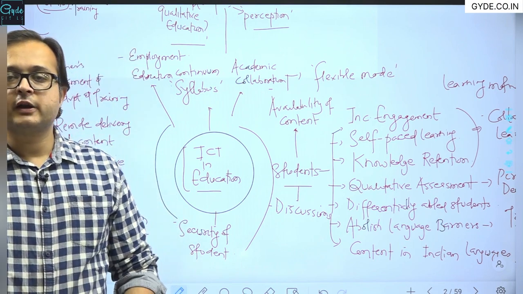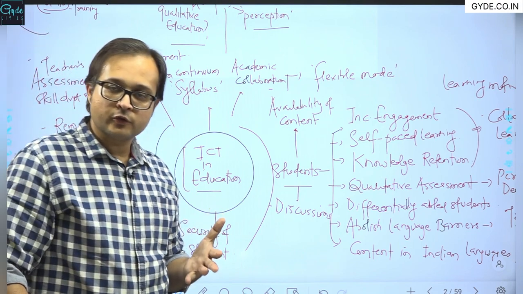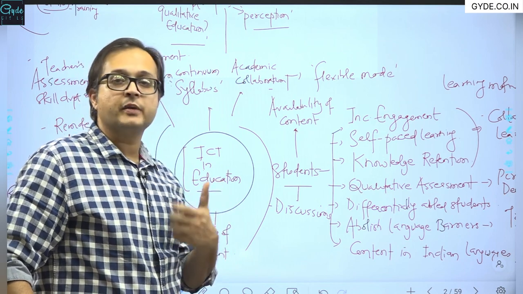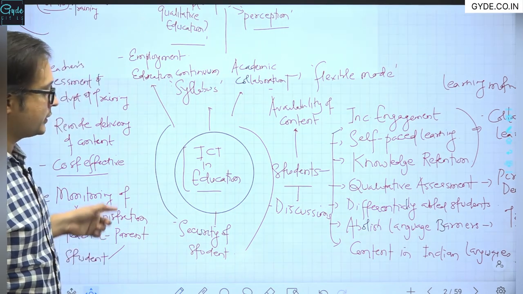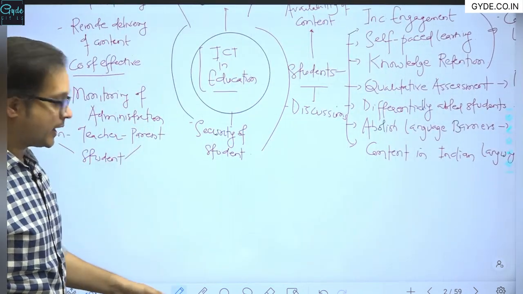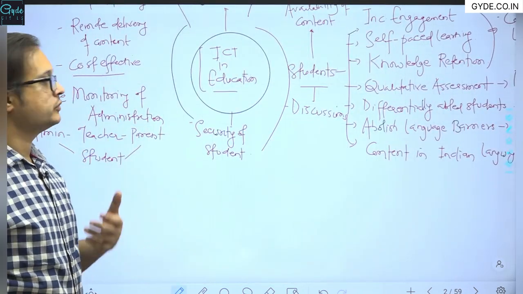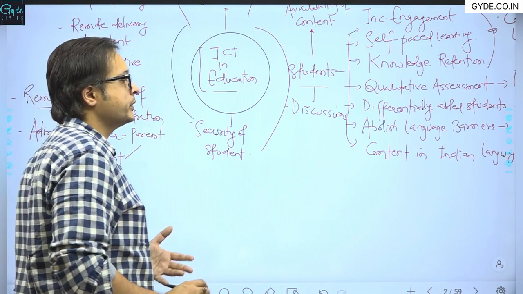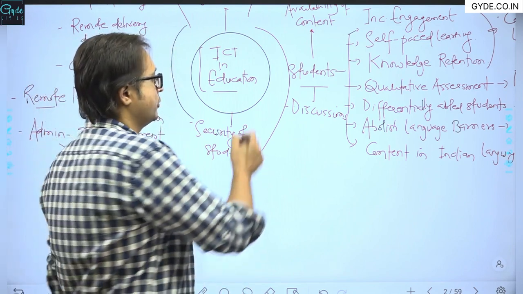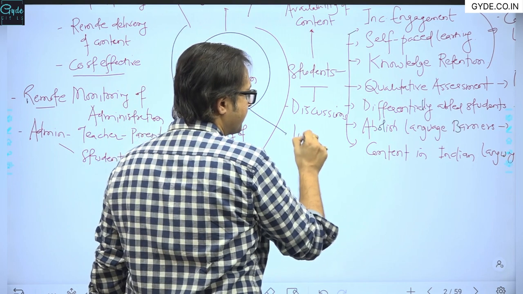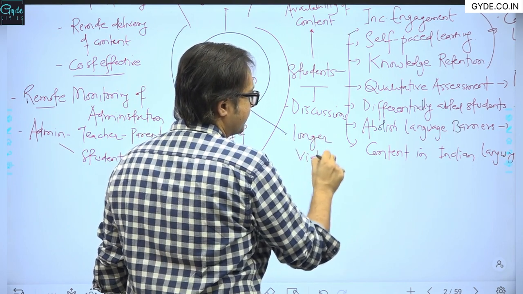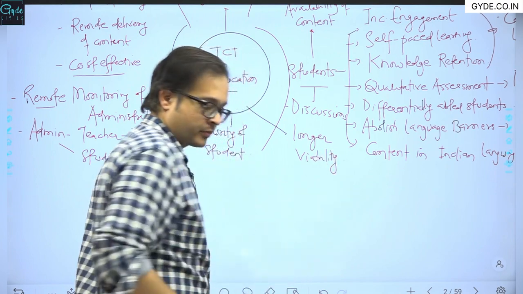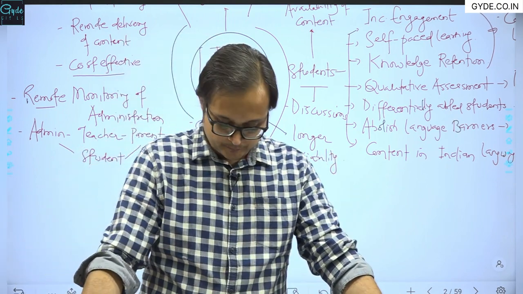Of course, it helps in electronic distribution and storage of the information, so the information may remain for a long time, right? Or the viability of the education, the time for which the educational aspects may remain viable, that may be longer. So longer viability can also be one aspect of it, right?